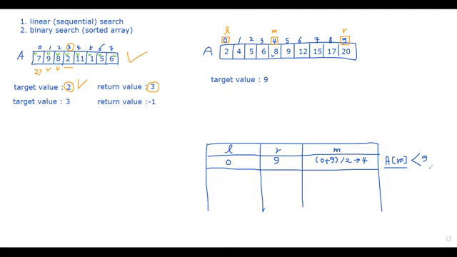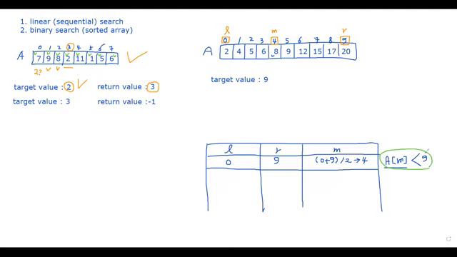So look at this one. If this happens, it means that the middle value is less than the target value, right? Then the target value will be somewhere on the right side of the middle value.